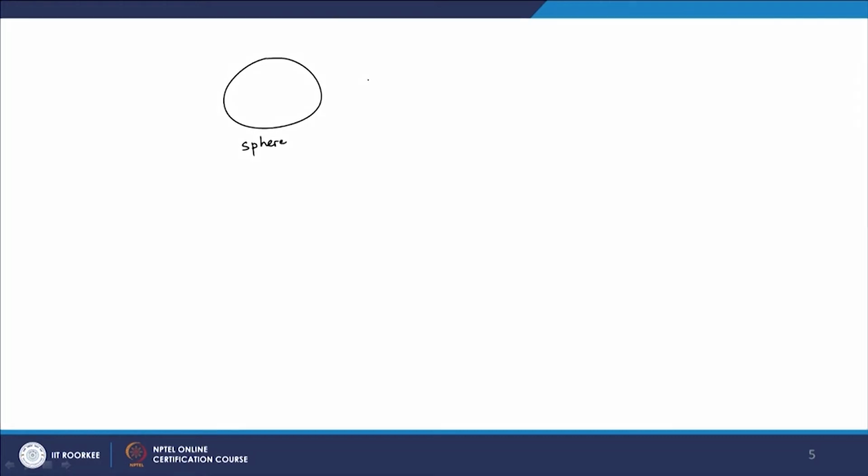let me draw it, a sphere with a constant radius. We have Rg1 square, Rg2 square, Rg3 square all the same, as we discussed.